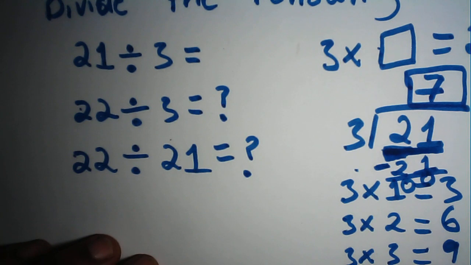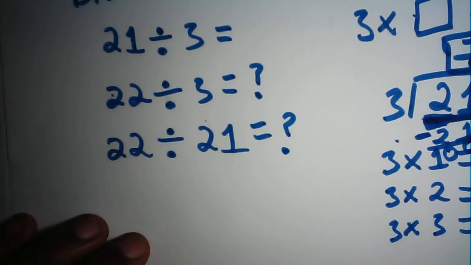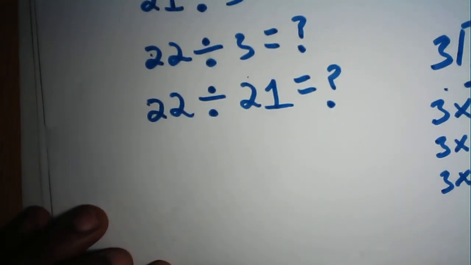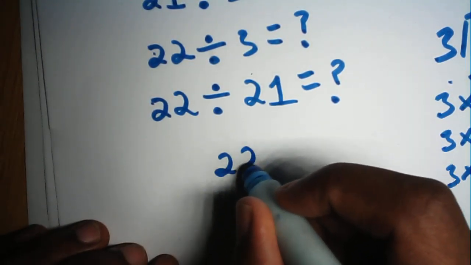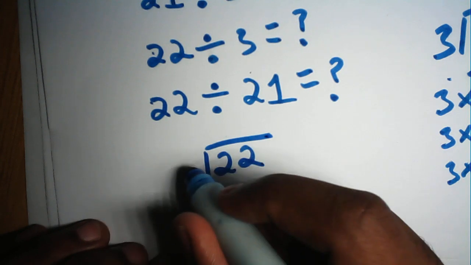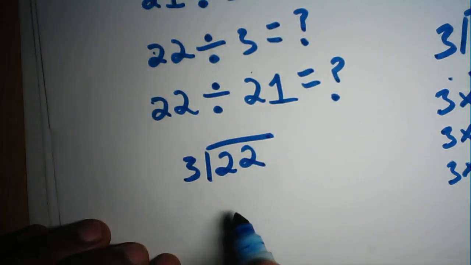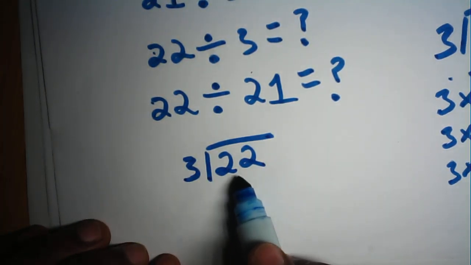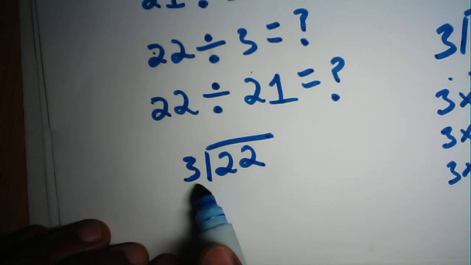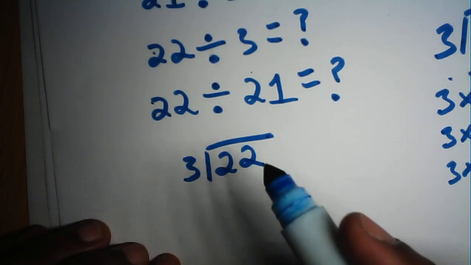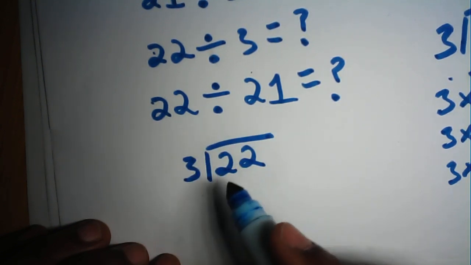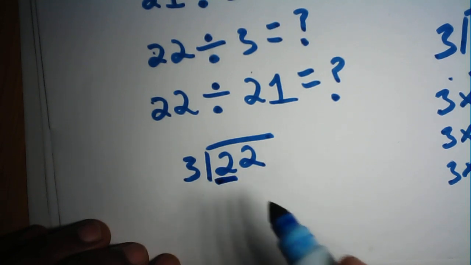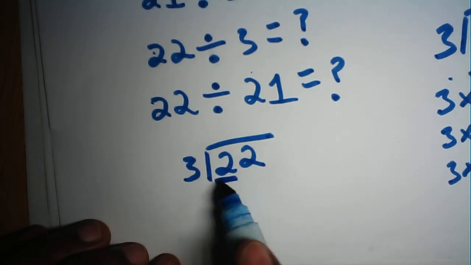Alright, now let's think about this 22 rather than 21. It's around the same thing. Whatever is being divided, and whatever we're dividing by, which would be 3. We ask the same question as earlier. Start off with the first number: can we divide 2 by that?